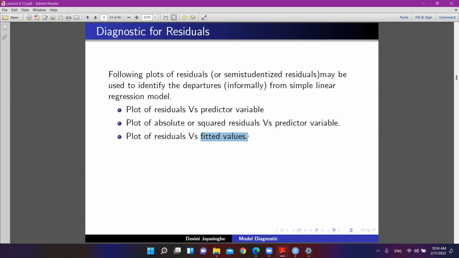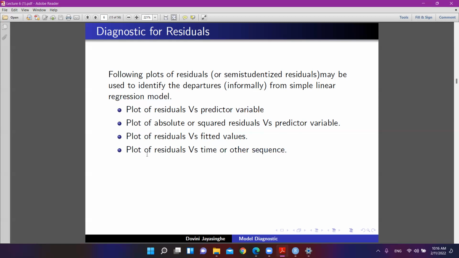I know the fitted values are for y hats, predictor variables are for x's, but still you would be getting the same pattern. You'd be getting the same outcome by plotting all these. Same outcome in the sense, same sort of interpretation. By looking at the plot, the behavior is going to be the same. Either it is x variable or the y variable.